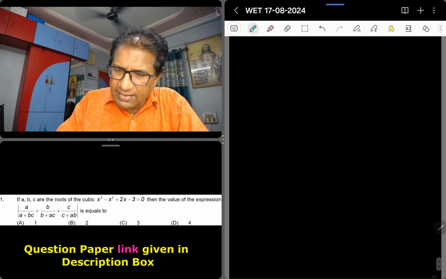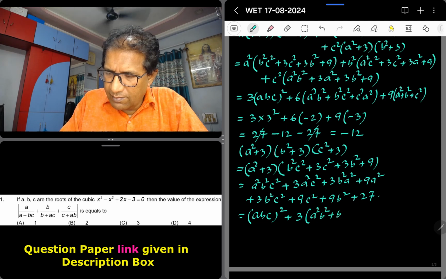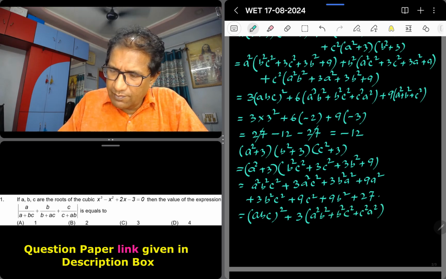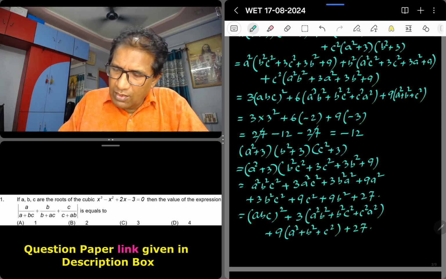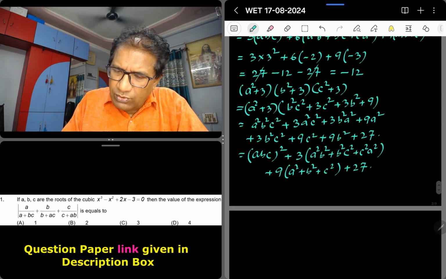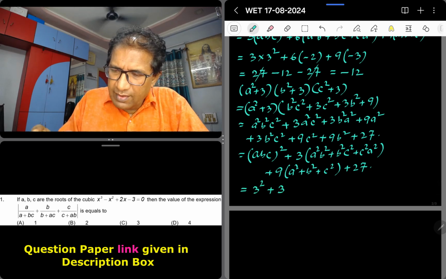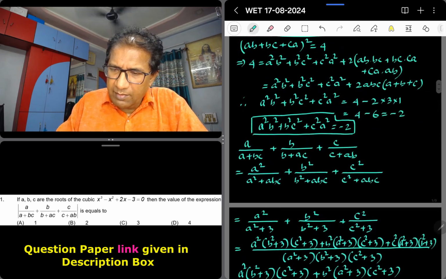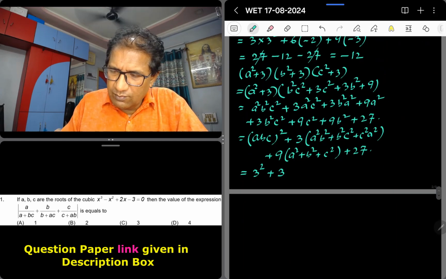So this can be written as, so let me simply replace those values. A square B square plus B square C square plus C square A square is minus 2.